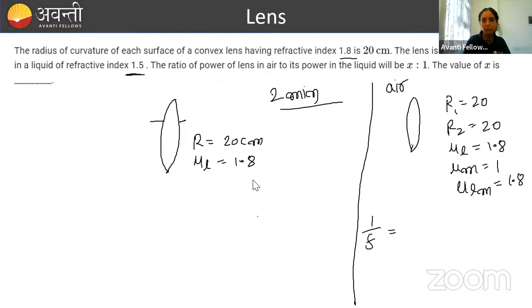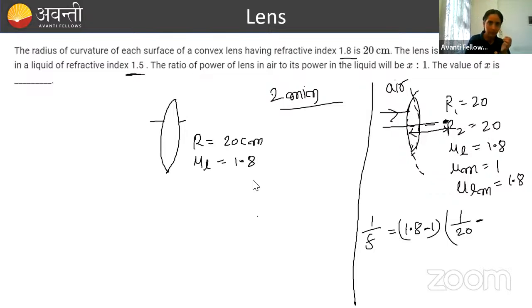1 by f equal to mu lm minus 1, that is 1.8 minus 1, into 1 by R1, that is 1 by 20, plus, I am taking plus because if we are taking this as an incident light, what will happen? This curved surface will have center somewhere here. So this is the radius of curvature, right? So this we are measuring in the direction of incident light, that is why plus.